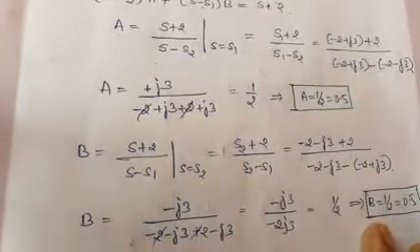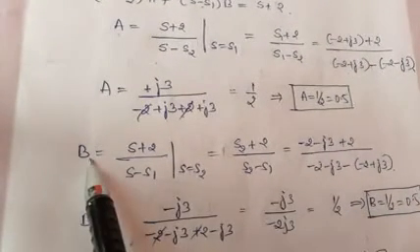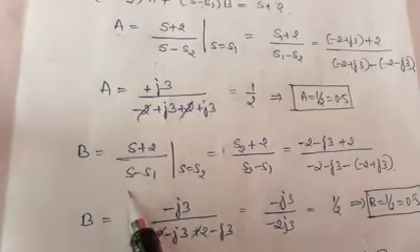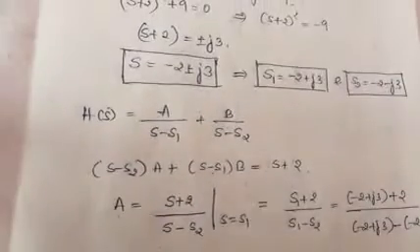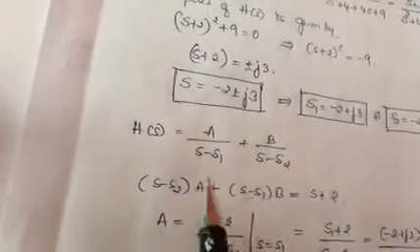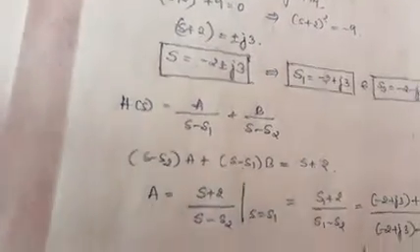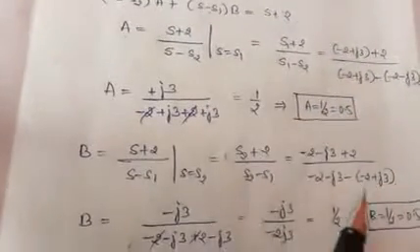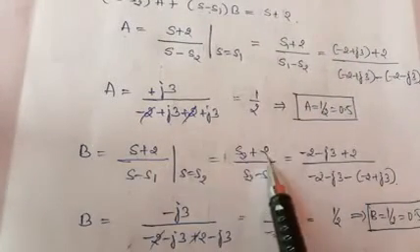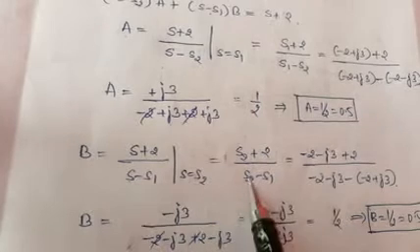Similarly, calculate the other value, that is the B value. B equal to (s plus 2) divided by the coefficient of B, that is (s minus s1), with the coefficient of A, that is (s minus s2), going to the denominator, hence s equal to s2. Similarly, in place of s, write (s2 plus 2) divided by (s2 minus s1).